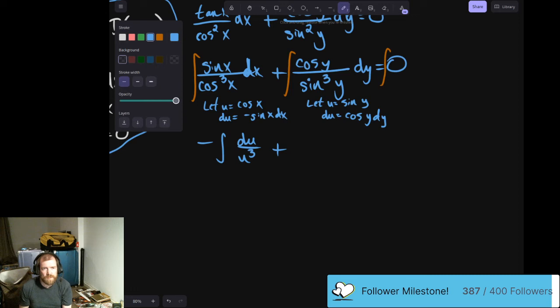Then this is going to be a plus integral du over u cubed, with the notation that these are different u's, is equal to some constant c.